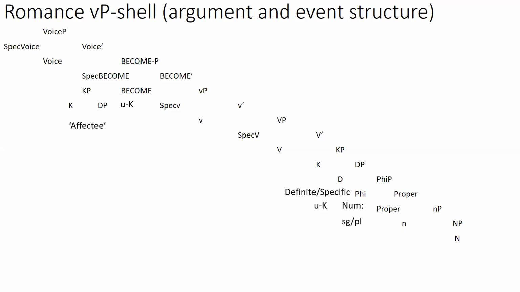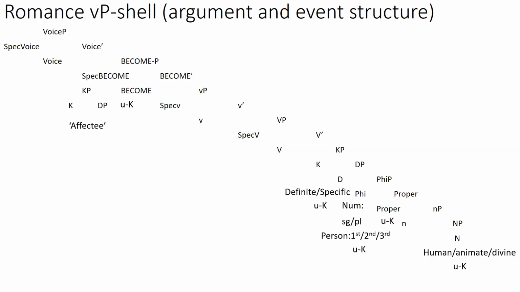Phi features, which can be divided into number, so singular, plural, and also person, first person, second person, third person, etc., may also trigger DOM. Proper nouns, I'm analyzing proper nouns as a unique functional category in the nominal domain here, and they clearly are referential. So these may also select K. And finally, in the lexical root, all the way down, if it's human or animate or divine, it may also trigger DOM.